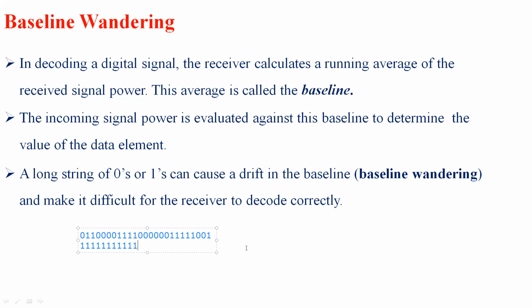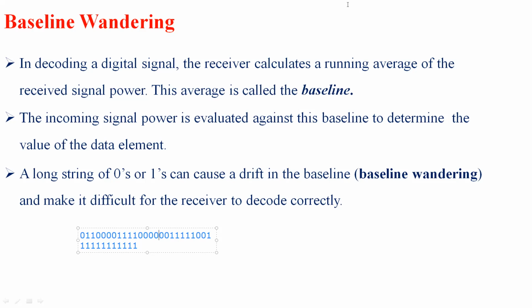If I miss two zeros here, there is a loss of bits. So since it has long strings of zeros and ones, it can cause a drift in the baseline, also called baseline wandering. This makes the receiver find it difficult to decode the encoded signals correctly and achieve greater accuracy.